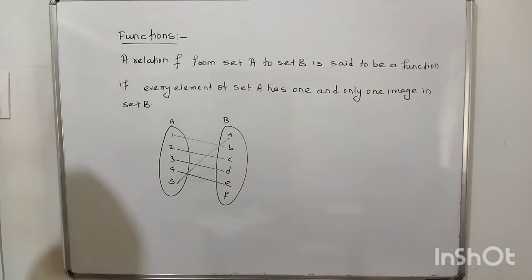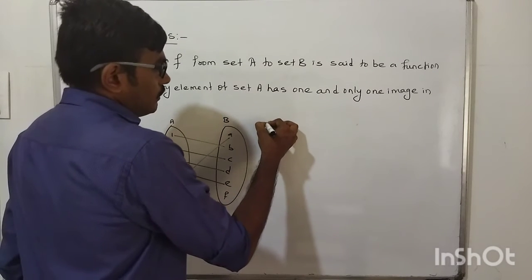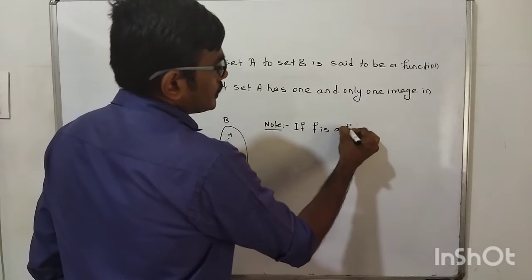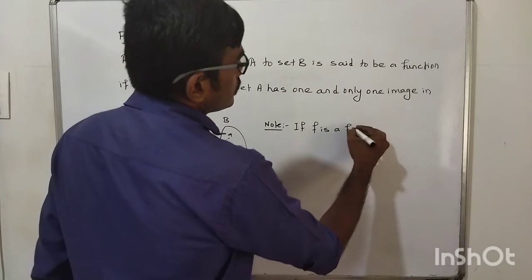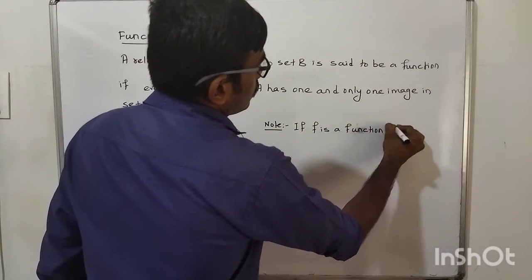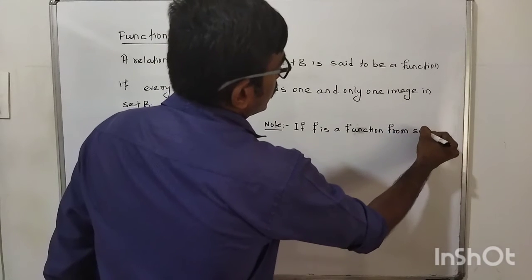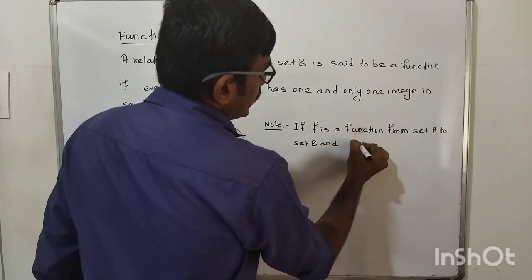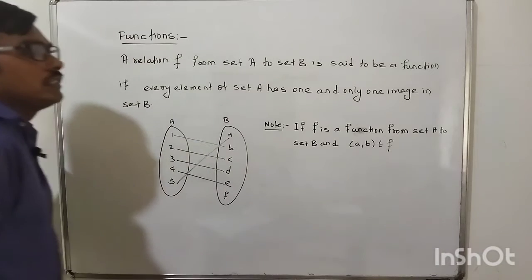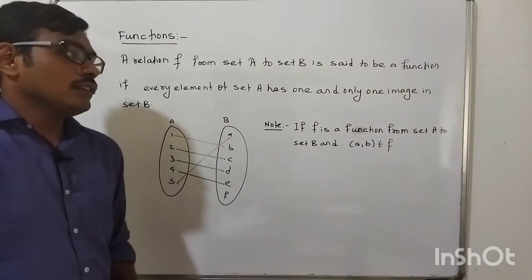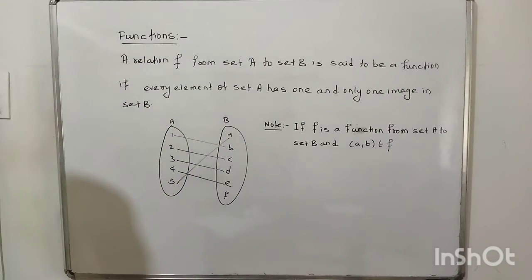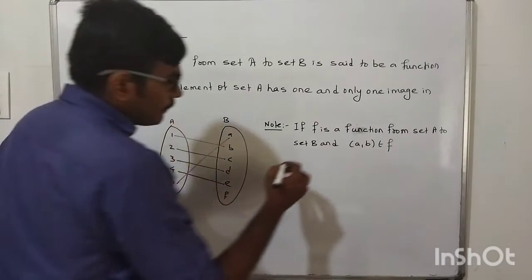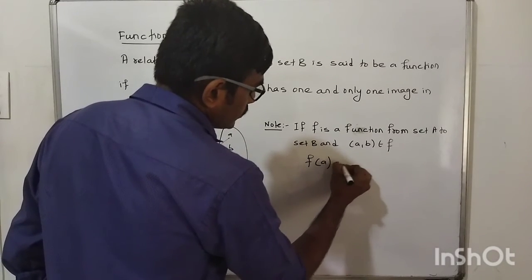Now you can write a note: if f is a function from set A to set B and there is one element (a, b) belonging to f, then we can say f of a is equal to b.